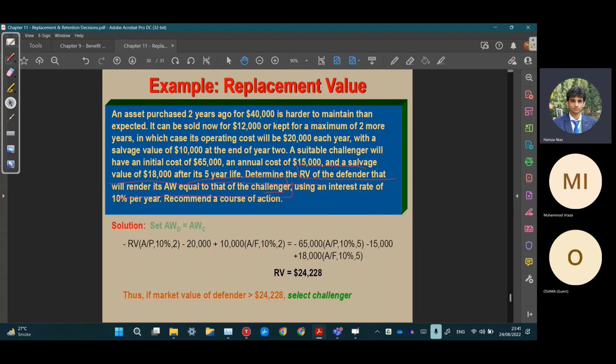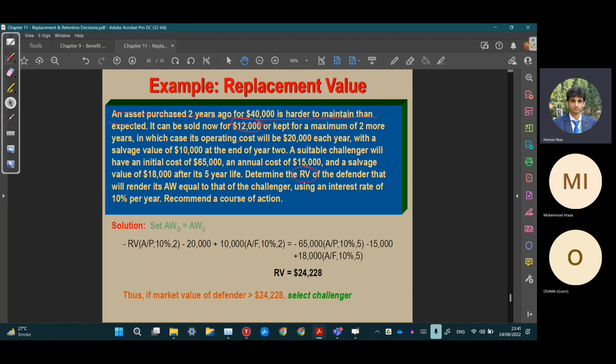So if we look at this question again, the first line we can ignore because we do not need to know the previous part of the question. It says it can be sold now for 12,000 and this is the current market value. But again, we are going to neglect this because we are actually going to find the current RV. So ignore this 12,000.